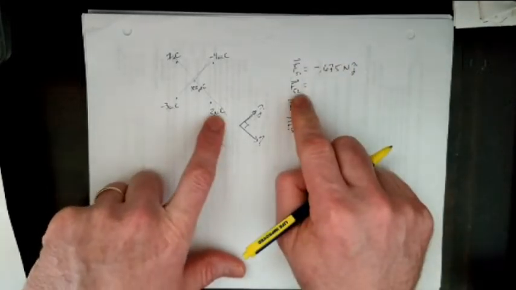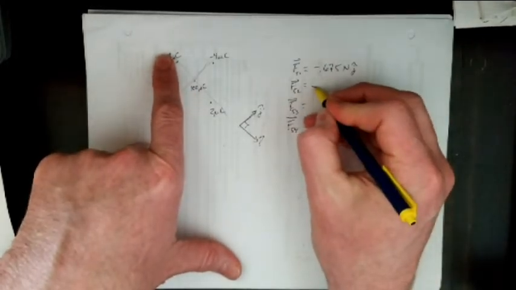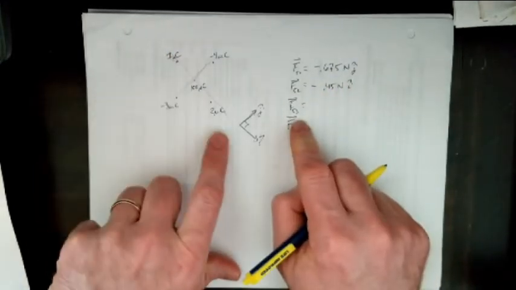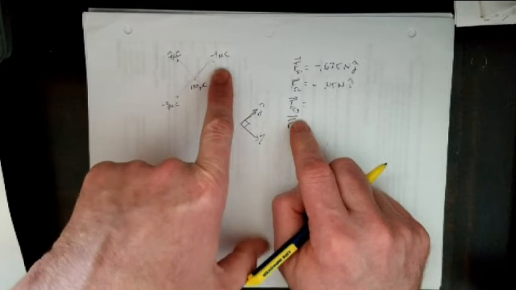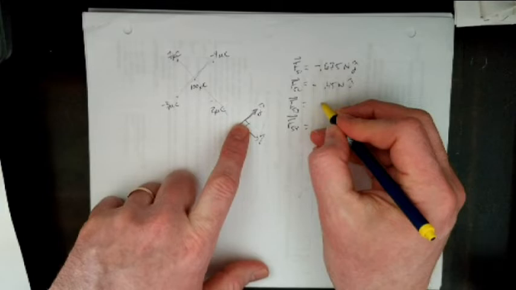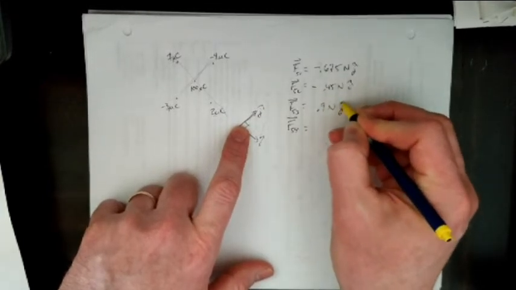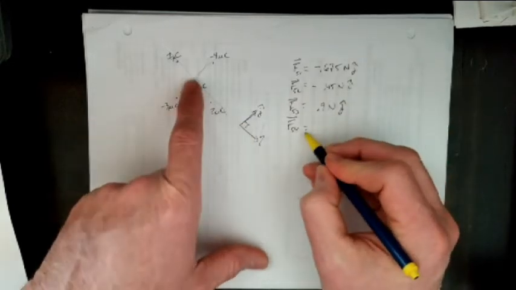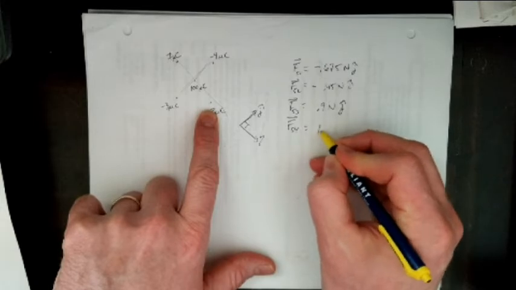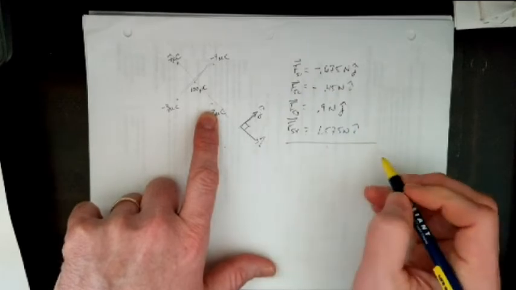F52, that's this force right here, is being pushed up in that direction, so in the negative I hat direction, so that's negative 0.45 newtons I hat. F53, so this is my third one, it is being pulled up in that direction, in the positive J direction. So that was 0.9 newtons J hat. And then F54, it's being pushed in the I hat direction, so that is 1.575 newtons I hat. I add them together.